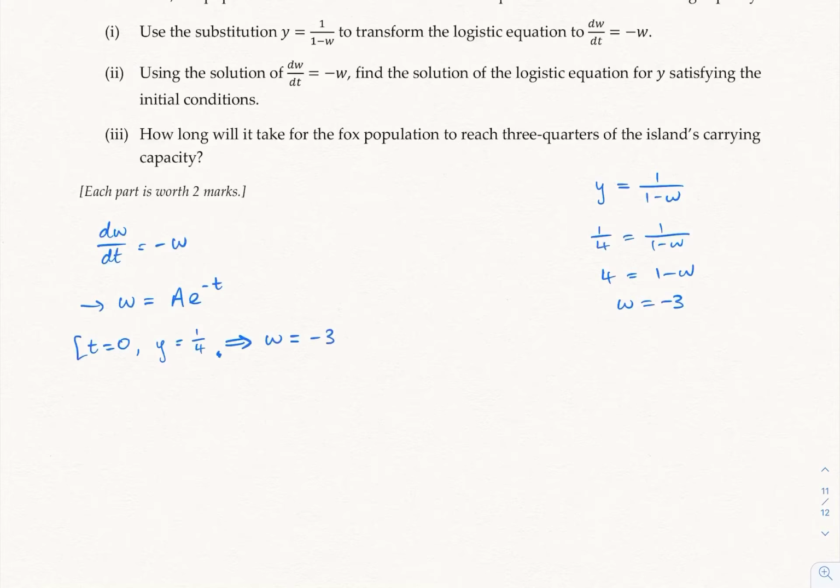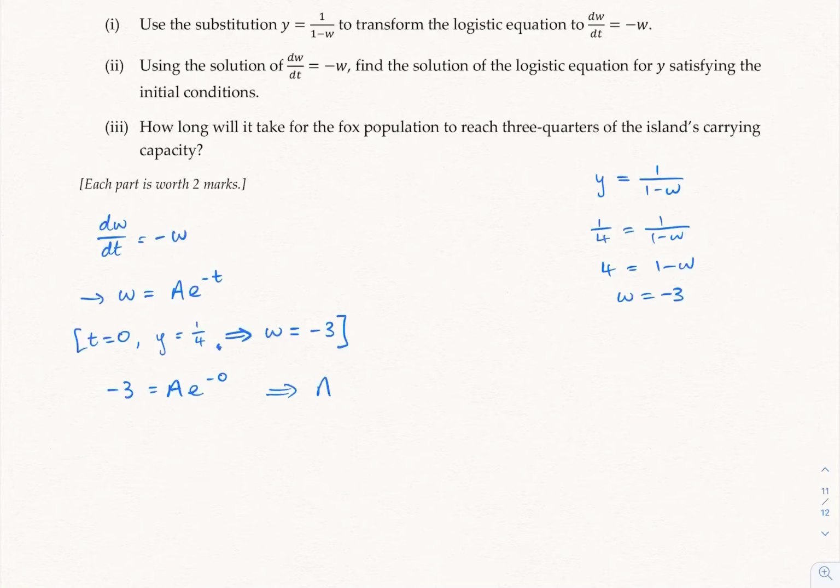Right? So when t equals 0, w is negative 3. And put that all in. Negative 3 equals a e to the negative 0. So a is negative 3.